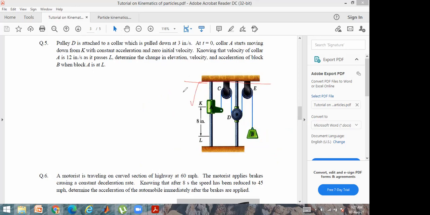Let this be xA, this distance be xD, and similarly this distance be xB. So what you can write is xA plus 2xD plus xB is equal to a constant. Right? We can write this much. Okay.